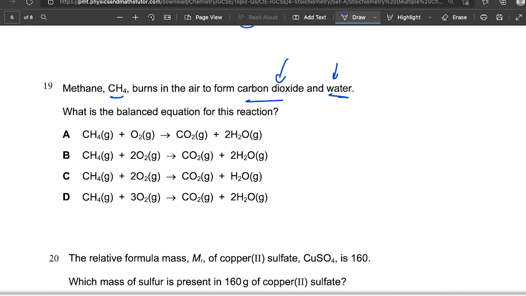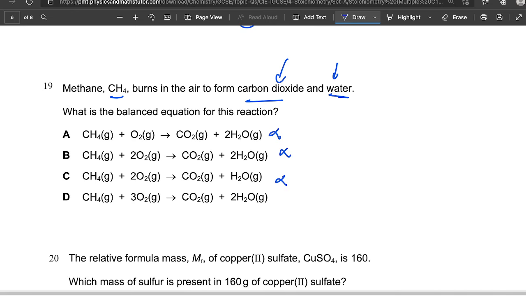Here we have 1 carbon, here we have 1 carbon, here we have 4 hydrogen, here we have 4 hydrogen, here we have 2 oxygen, here we have 3 oxygen, so wrong. 2 carbons, 4 hydrogens, here we have 4 oxygen, here we have 2 oxygen, so this is wrong. Okay, here we have 2 carbons, so that's 1 carbon, that's correct. 4 hydrogen, 2 hydrogen, that's wrong, so the answer should be D.